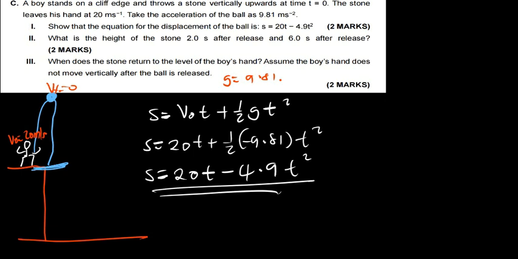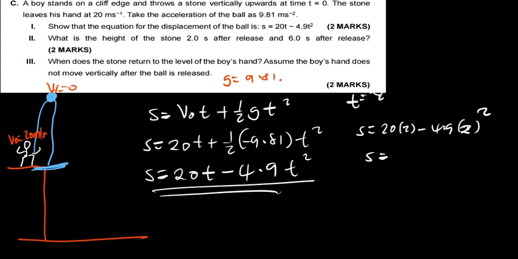So it's just a matter of plugging the values. When t is equal to 2, let's see, s will be equal to 20 times 2 minus 4.9 times 2. So what will be s? So 20 times 2 is 40. So I'll say 40 minus open brackets. Now this 2 has to be squared because t is squared.